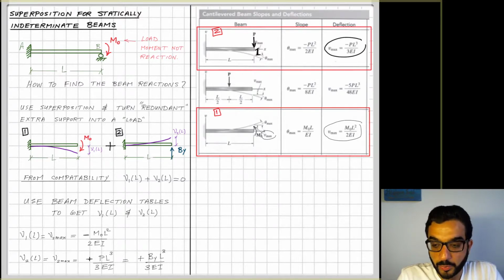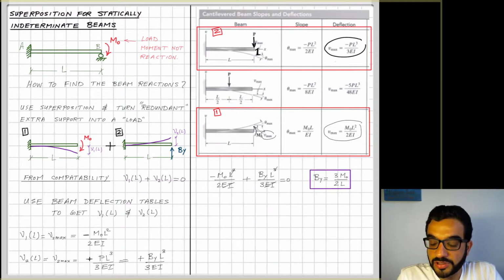And now, when I put these back into the compatibility condition, their summation equal to 0, I will figure out now, here you go, one reaction, BY. So now I'm down from 4 unknowns to 3 unknowns without even touching the equilibrium equations.